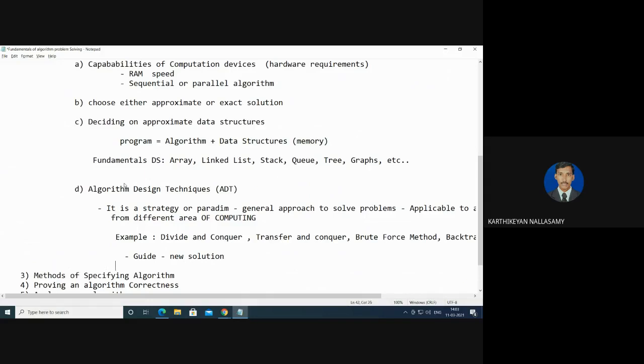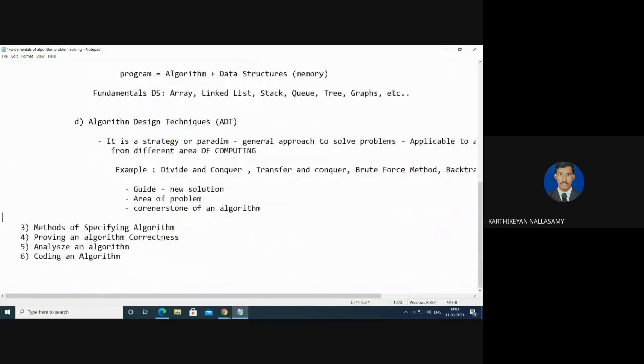It also helps us classify the area of the problem statement, so that in each area these problems will fall. Normally this ADT is called a cornerstone, I mean a backbone for the development of a solution in any problem. So algorithm design technique is very, very important.